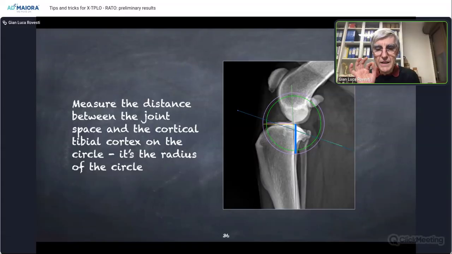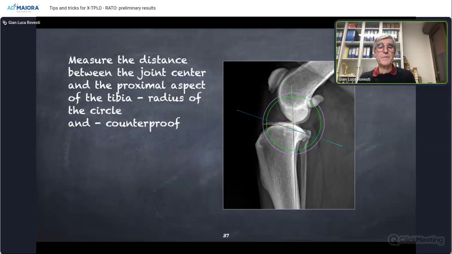If we insert the insulin needle through the medial collateral ligament inside the joint, we have a precise reference to the center of rotation of the joint, because this point will be superposed to the tibial spines here. And then we can take this measure that is actually the radius of the blade.